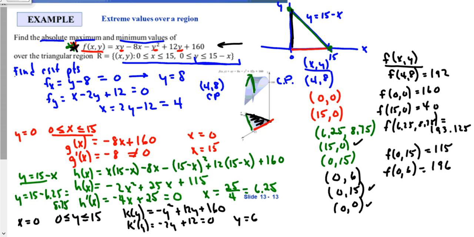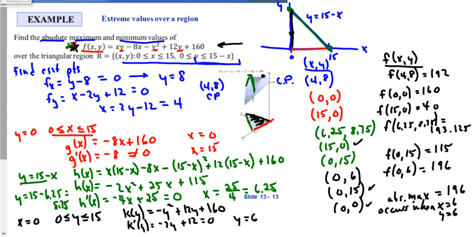So now, choose the absolute maximum z value, which is the value of f. So the absolute maximum would be the 196. So that is the maximum value, and it occurs when x is 0 and y is 6. So that occurs somewhere in here. Looks like it's probably right up there.